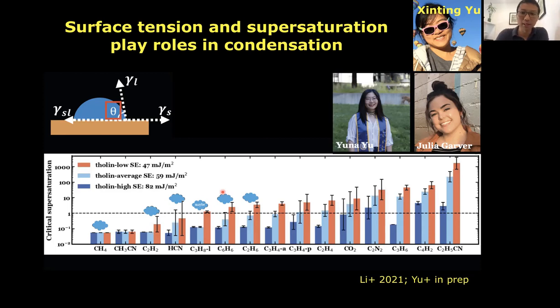My postdoc Xinting Yu is leading a group of undergrads at UC Santa Cruz trying to characterize the supersaturation and surface energy. In the lab, they measure contact angle so they can get mechanical properties. A lot of this can be used to infer the existence of cloud formation.